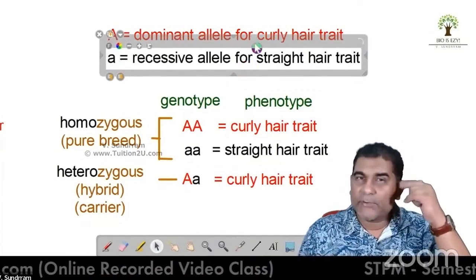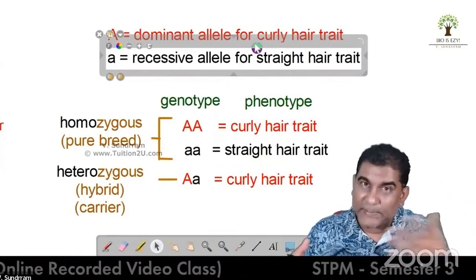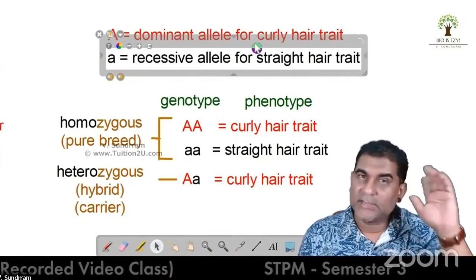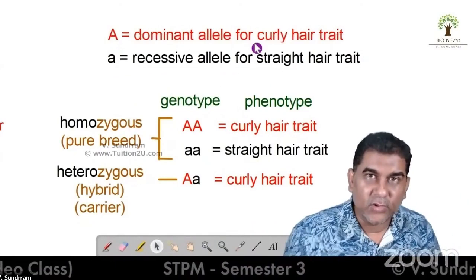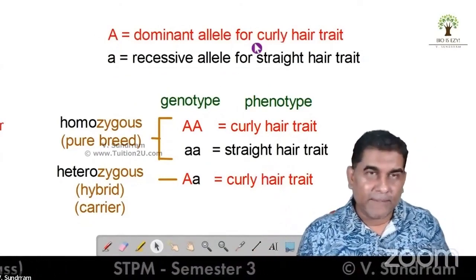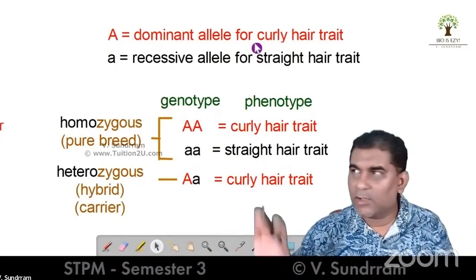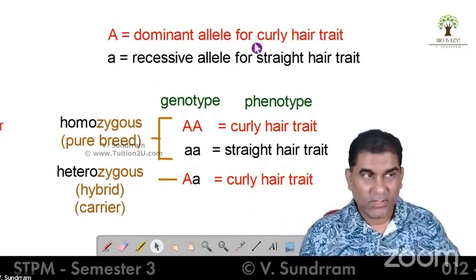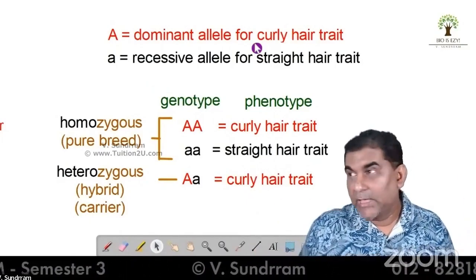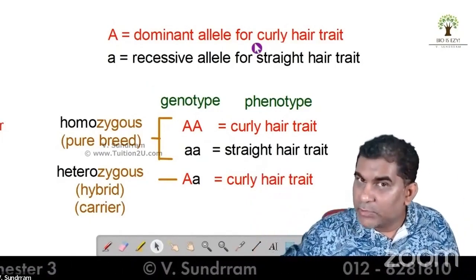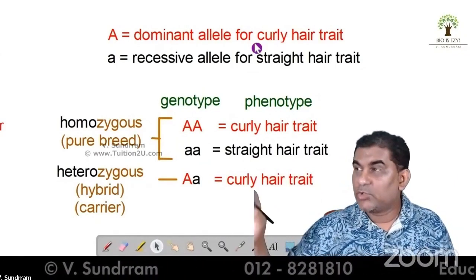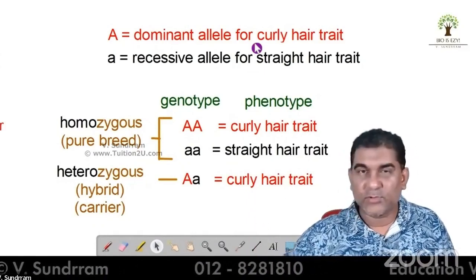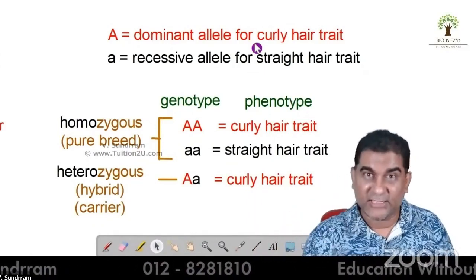Like for type of hair, through experiments, we know curly is dominant, straight is recessive. For garden pea plant, purple flower is dominant, white flower is recessive. It will be in the list later. But if you find a new characteristic, you want to know which is dominant, we have to do some experiments. Later, we'll explain.